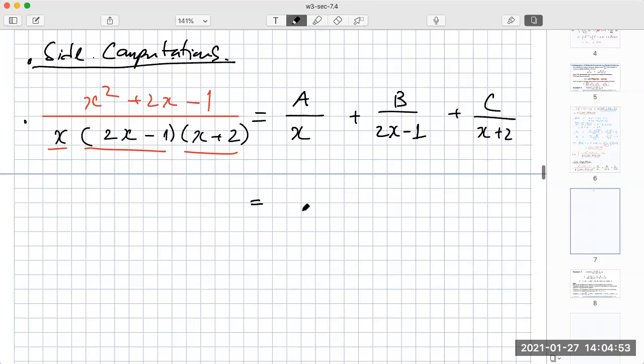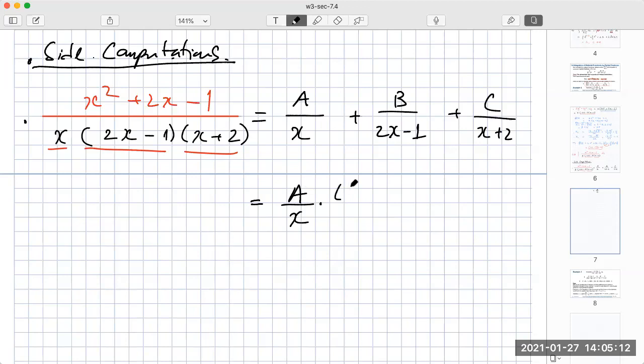Maybe, so you said x squared plus 2x minus 1 equal a times (2x minus 1)(x plus 2) plus b times x times (x plus 2)... Very good. Let us do it slowly. Very good. So we know that this guy is A over x.